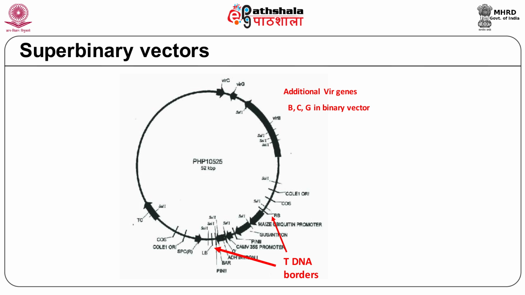Further improvements in binary vectors have led to development of superbinary vectors that carry additional Vir genes on the vector backbone, which facilitates transformation in recalcitrant species like monocots.